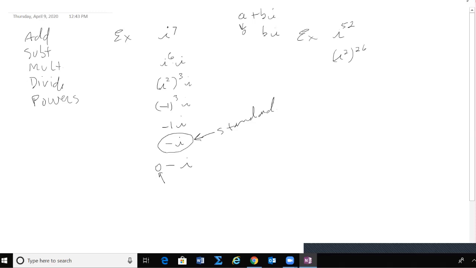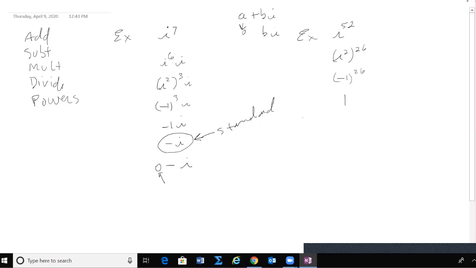Notice in the first problem, I needed to get it to be even first before I could do that. And that's why I pulled out one of the i's there. This is negative 1 to the 26, and any negative raised to an even power, we remember, is always going to turn out positive. So it ends up as a 1. So i to the 52 is actually just a 1.